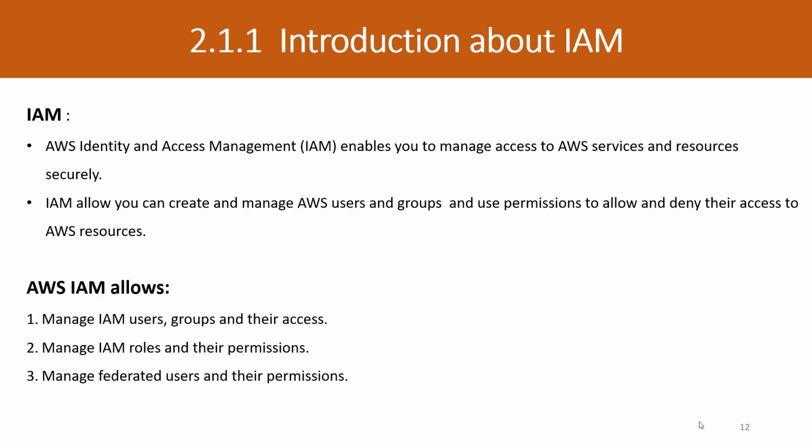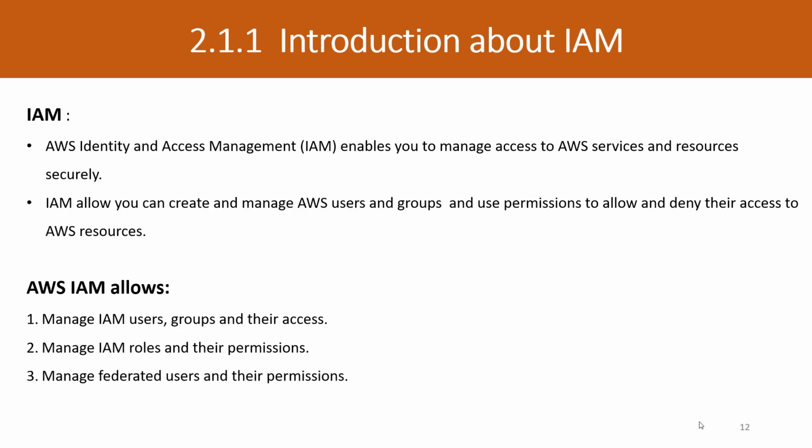So it allows you to assign access in a secure manner. IAM allows you to create and manage AWS users and groups, and use permissions to allow and deny their access to AWS resources. So you can assign permissions to users, groups, and roles in the AWS environment so they can access or be denied those AWS resources.